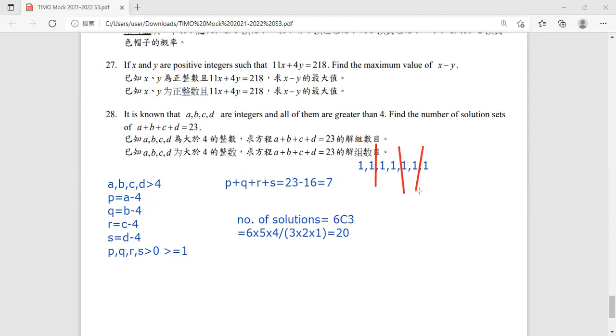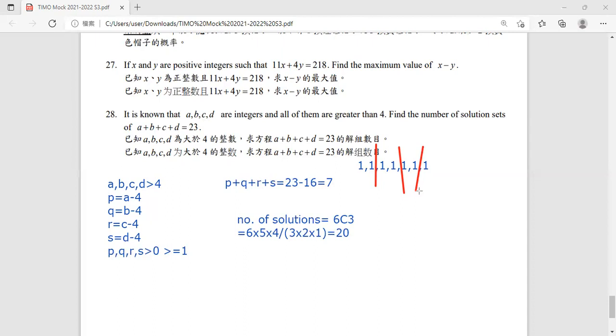Now, how can I put sticks into 4 groups? You find the number of ways to put 3 sticks into 6 spaces, which divides them into 4 groups. Then the number of solutions will be 6C3, because it's choosing 3 from 6 spaces.